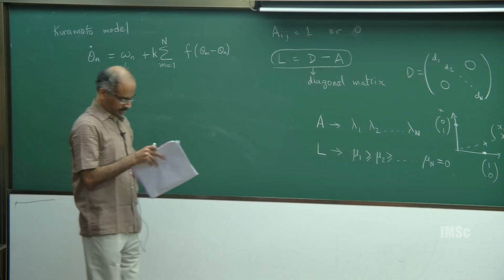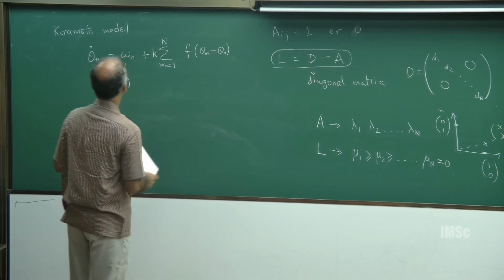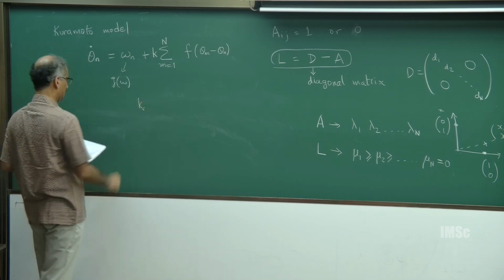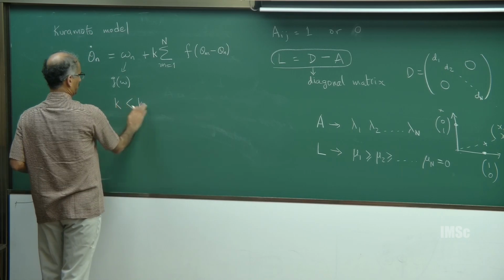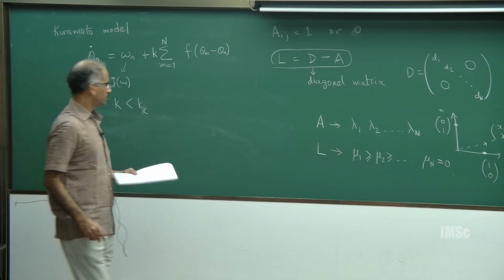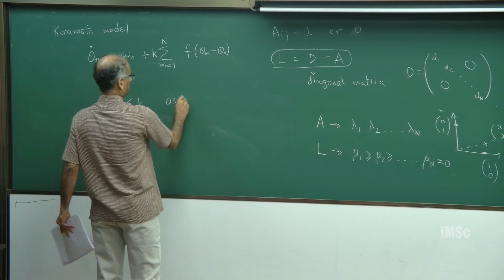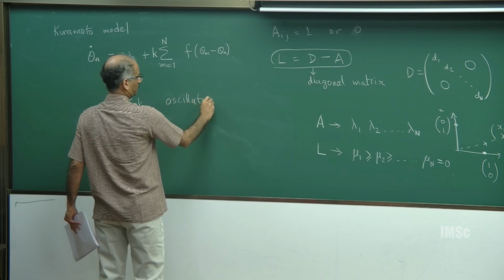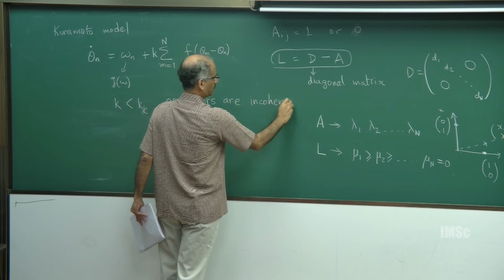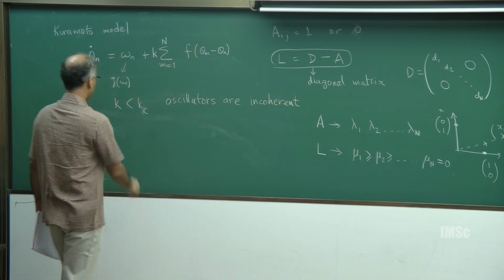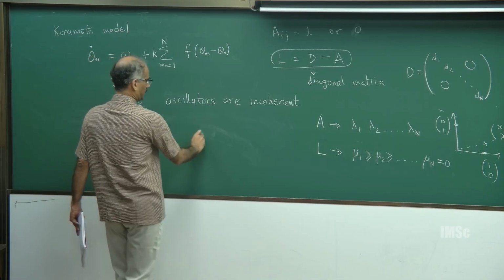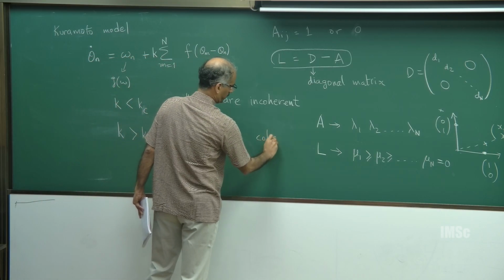So in the standard Kuramoto scenario, there is a critical value kc. For k less than kc, the oscillators are incoherent. And for the parameter k greater than kc, the oscillators become coherent.